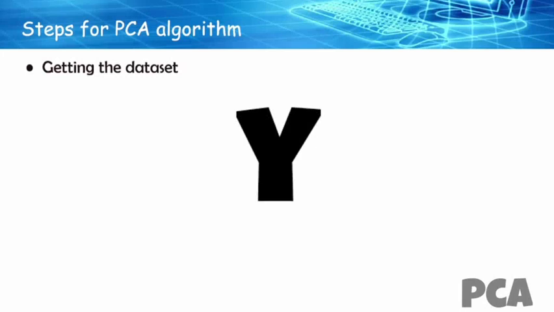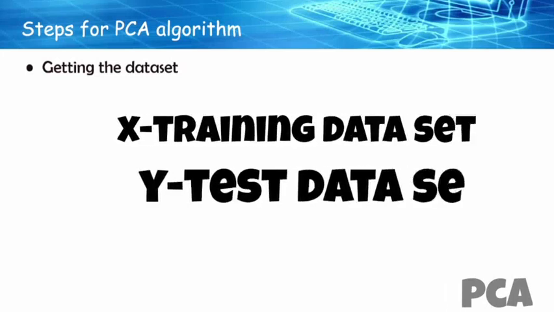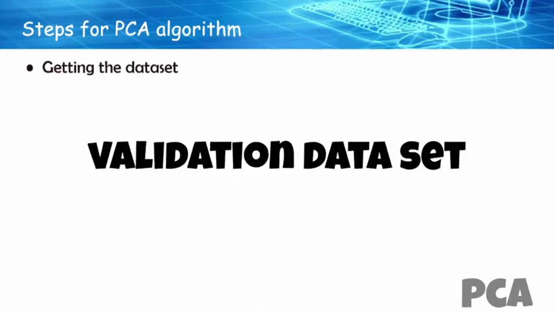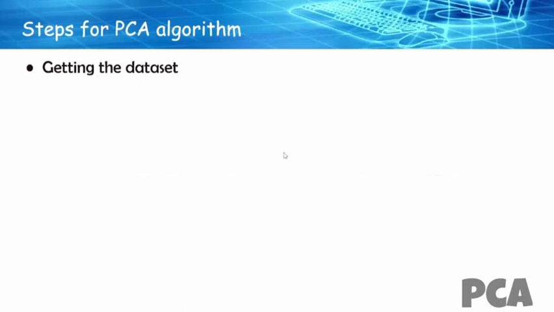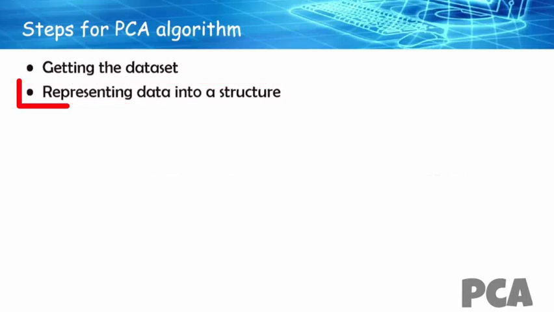So representation of variables: X will be the training data set and Y will be our test data set, sometimes called the validation data set too. That is the first step of PCA, and next is representing the data in structures. Now we will represent our data set in terms of a structure.